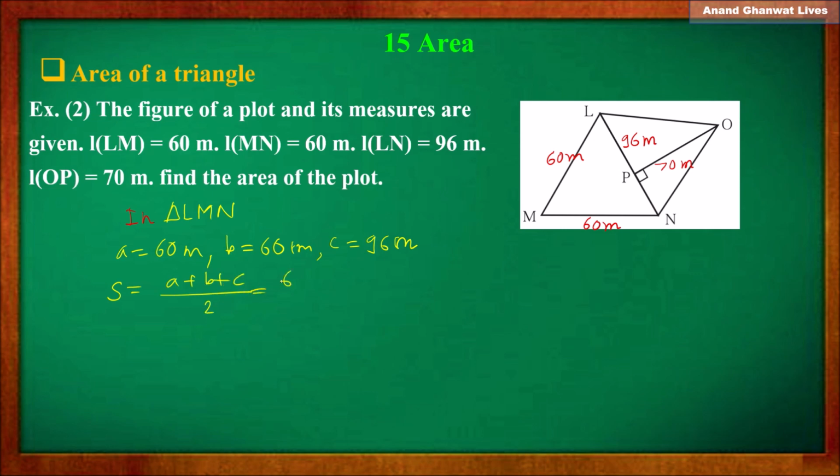It is equal to 60 plus 60 plus 96 upon 2, and it is equal to 216 upon 2, and it is equal to 108 meters.